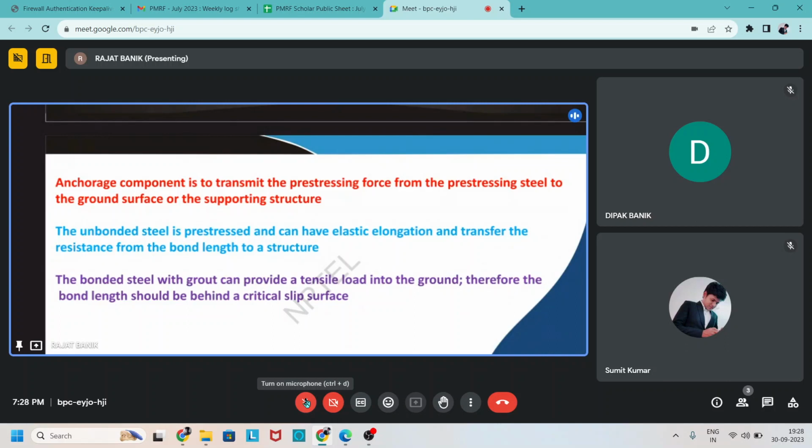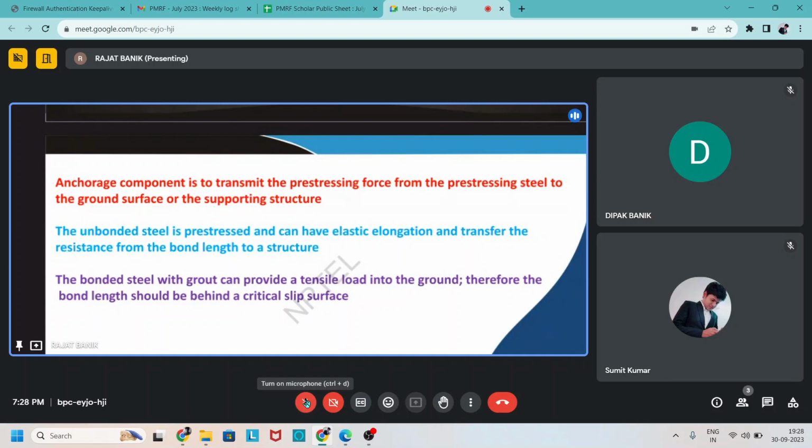The bonded steel with grout can provide a tensile load into the ground. Therefore, the bond length should be behind a critical slip surface. It is made in such a way that there are unbonded and bonded steel. Unbonded steel is directly inserted into the ground, and bonded steel is inserted with the grouting material.